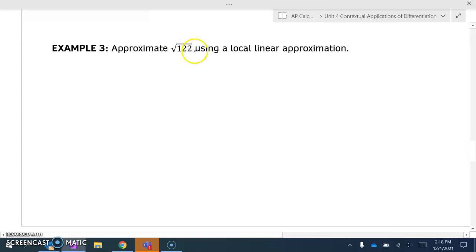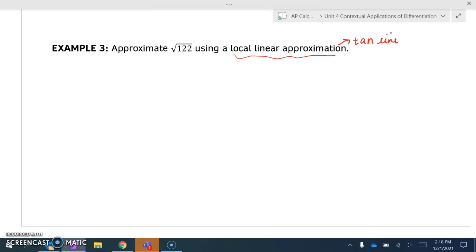Approximate the square root of 122 using a local linear approximation. Once again, you see that wording right away. The idea of a tangent line should be coming into your head. Now, this problem gives us a lot less information than the others. So you kind of have to think through, what am I going to be using here? And the whole idea here to write an equation of a tangent line is you need a point and a slope.